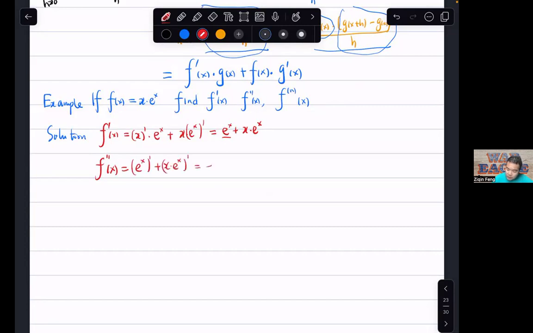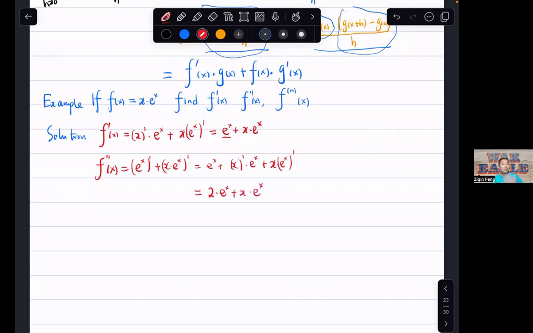So this is e to the x plus, now we need to use the product rule on the second term, which is x prime times e to the x plus x times e to the x prime, right? And so this is the same as 2 times e to the x plus x times e to the x, right?